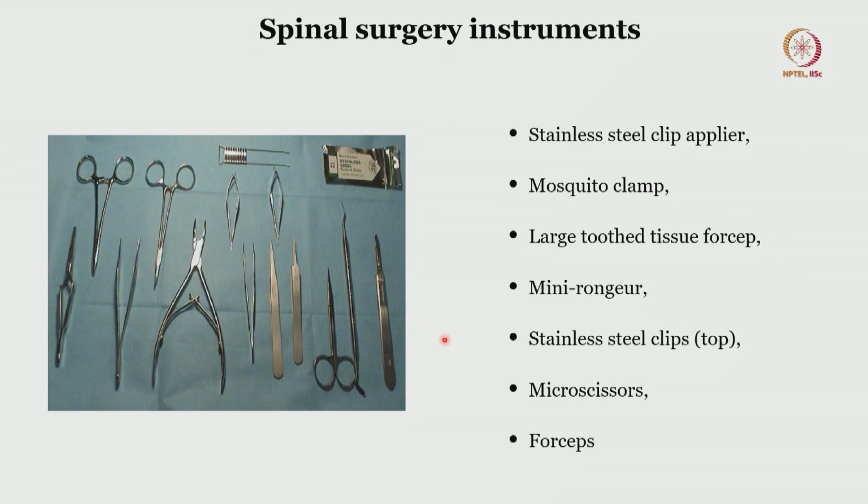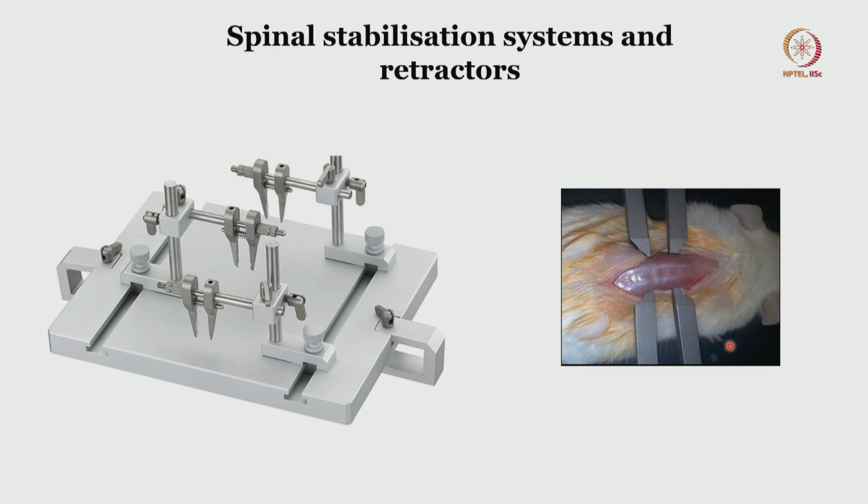Then obviously there are the micro scissors and forceps, and once the surgery is over you will be using stainless steel clips to close the wound. Those are similar. Alright, so the most important part is the spinal stabilization system.